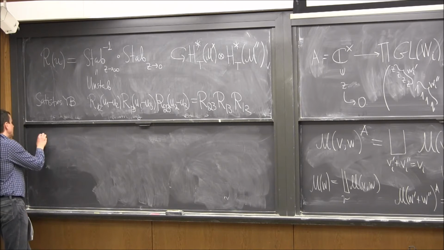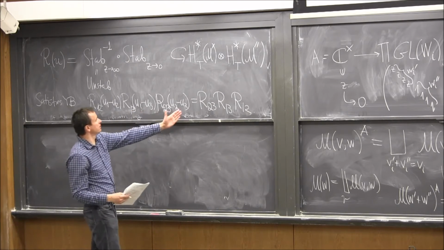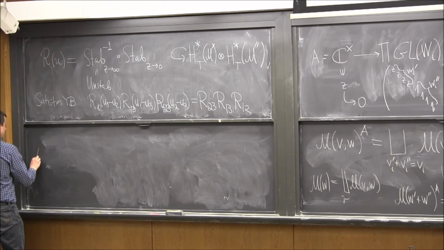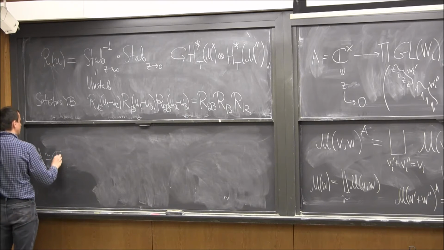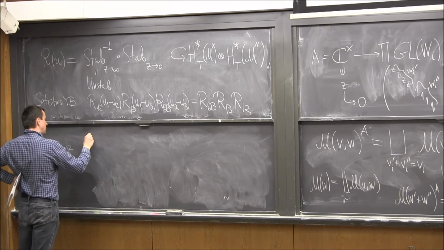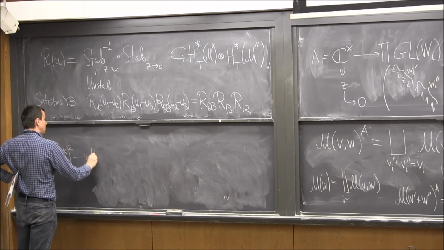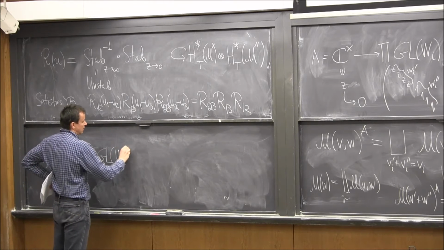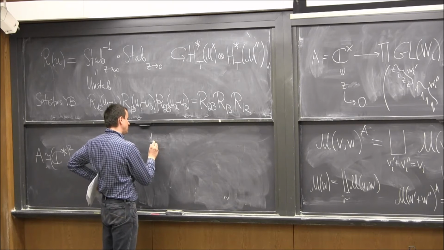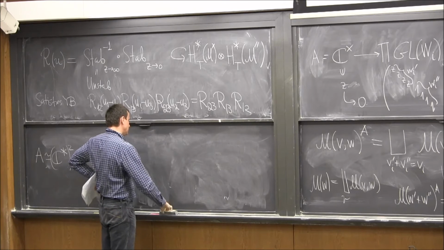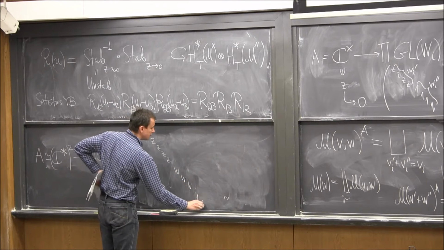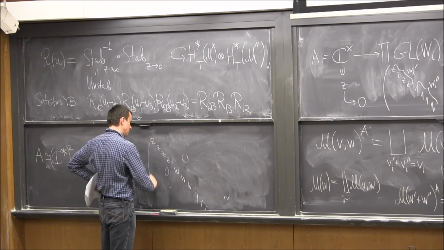We take our torus A to be isomorphic to C squared, acting on my space W. It maps to the product of GL(W_i), with some variable z, so many ones, so many z's, so many w's, and so many ones.